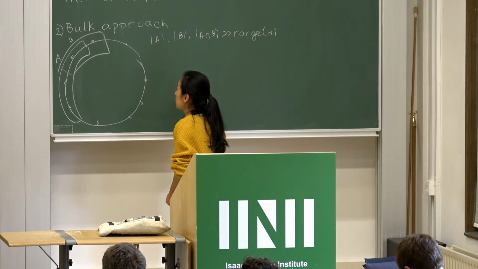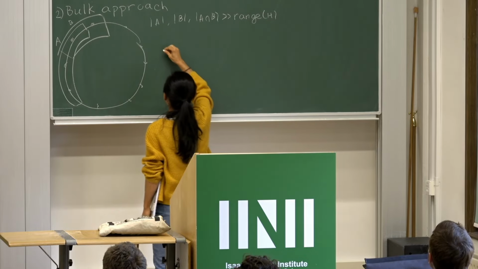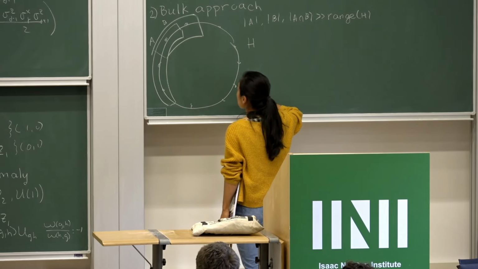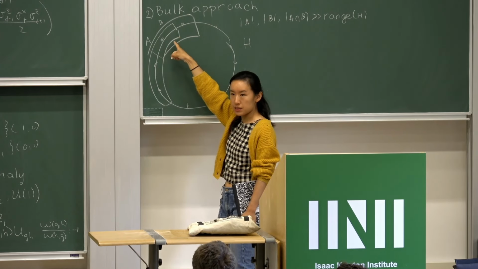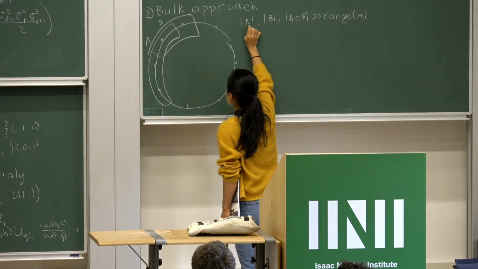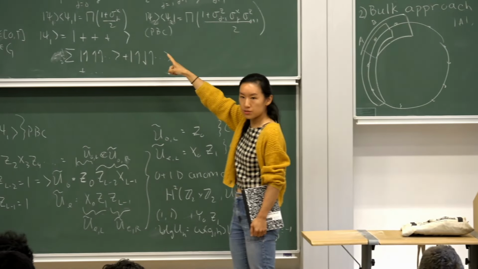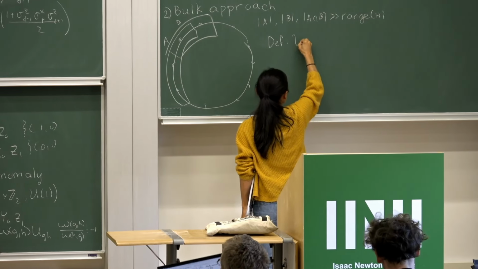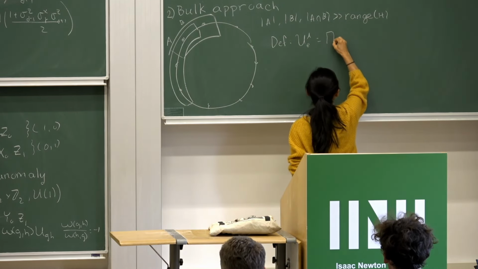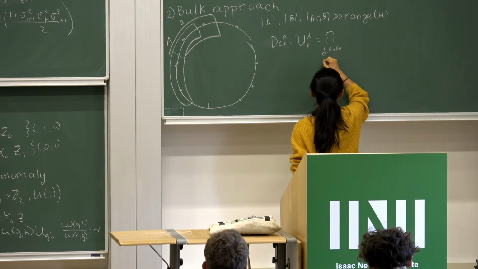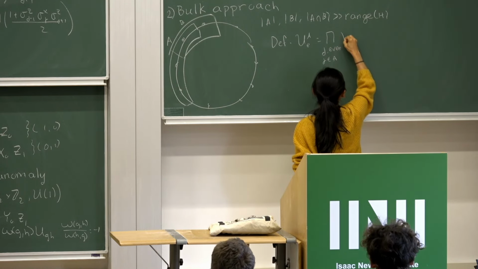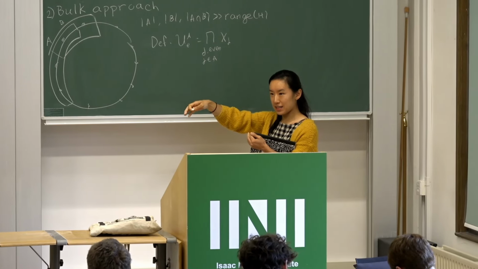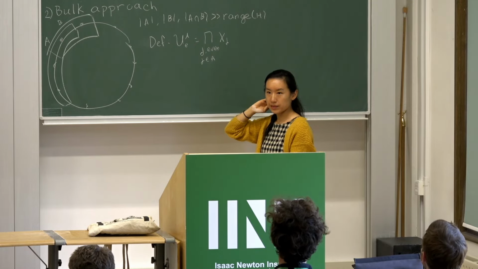And so to insert a symmetry defect, what you can do is you take your original Hamiltonian and you conjugate it by the symmetry restricted to region A. So what we can do, for example, if we want to restrict the symmetry U even to region A, is we can define U even A, which acts in the same way in the region A, and it acts trivially outside of A. Okay?